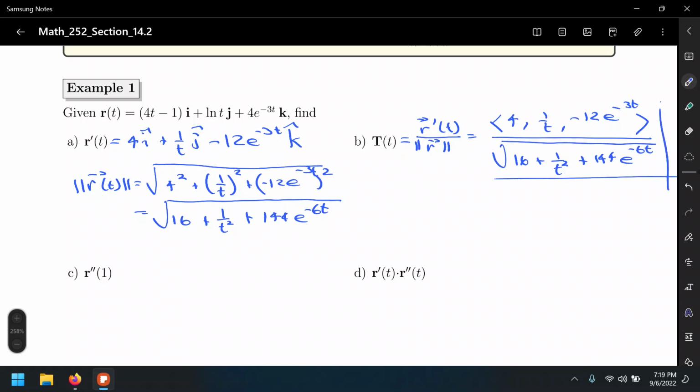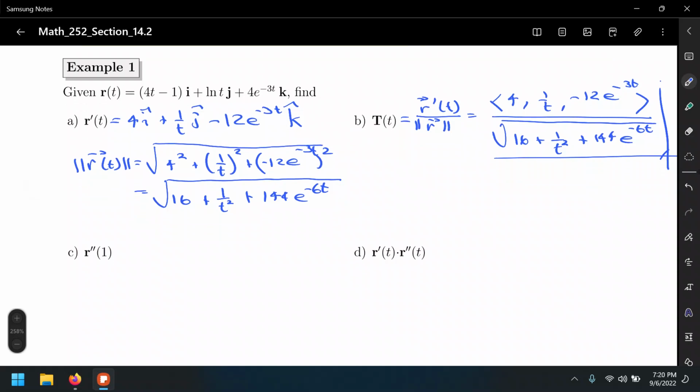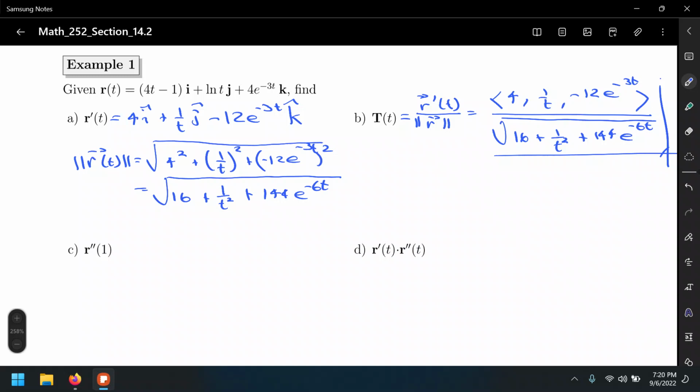No need to simplify anything, we can just leave it. That's fine. There's really not much we can do.